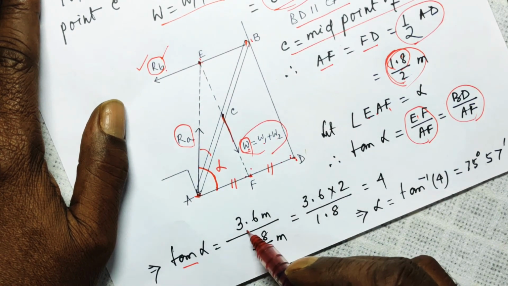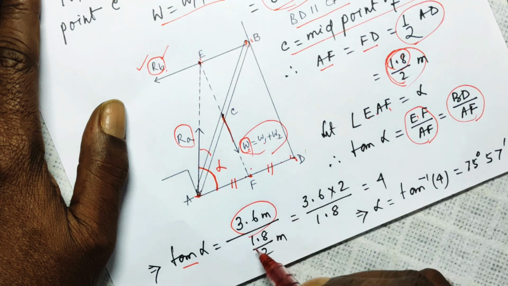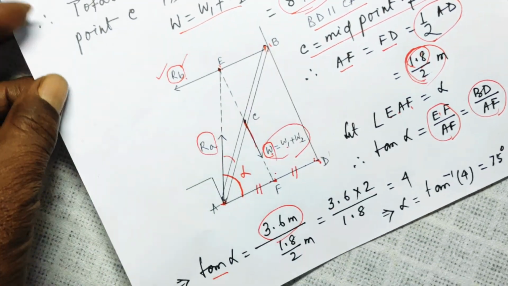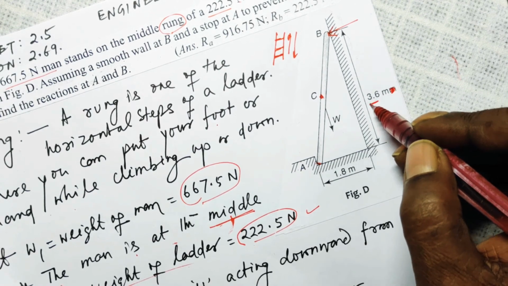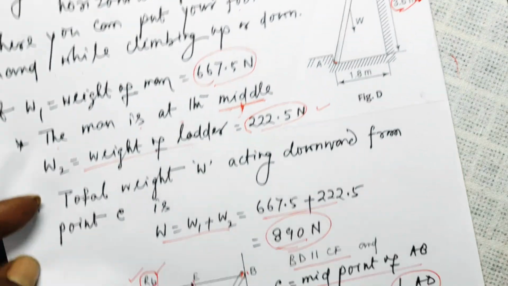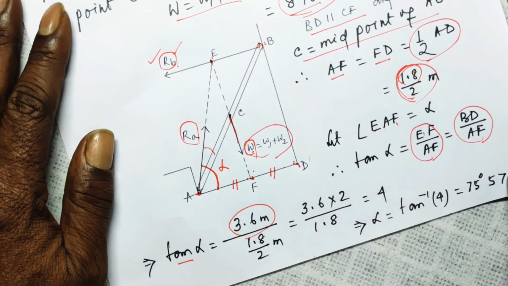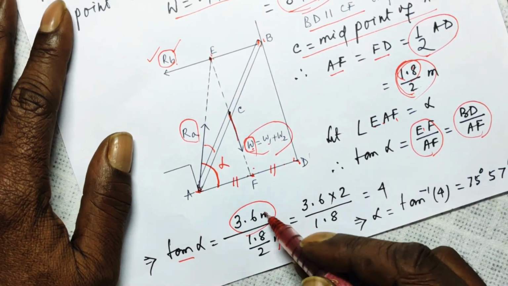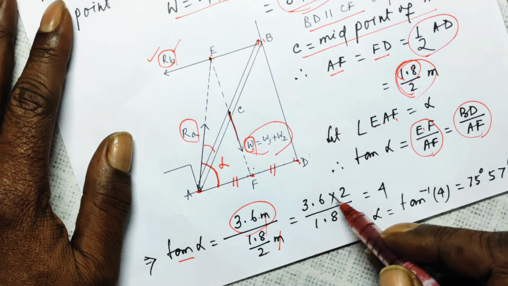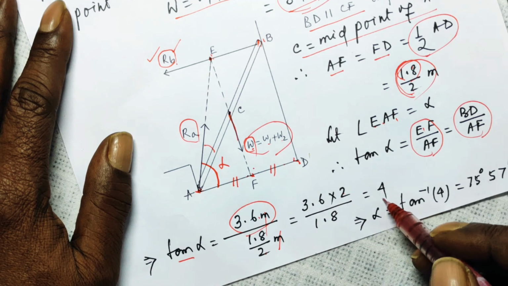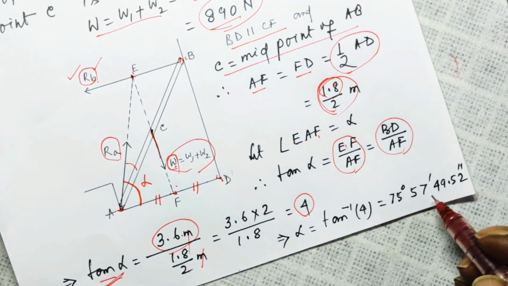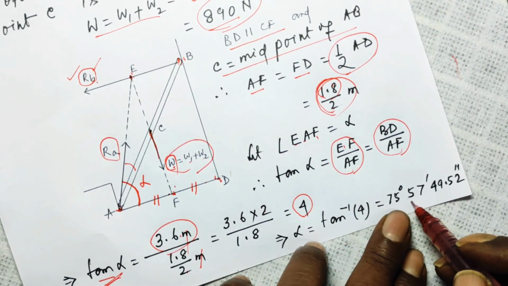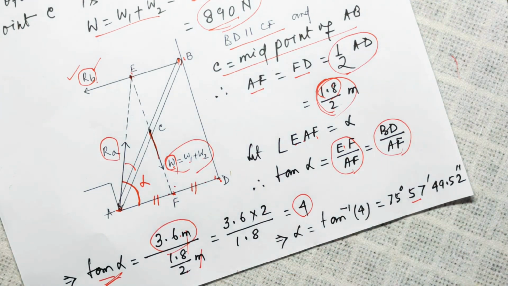Tan alpha, put the value of BD, 3.6 meter, over 1.8 by 2 meter. The 2 cancels, and 2 comes to the numerator. 3.6 into 2 over 1.8, it's 4. So alpha is equal to tan inverse of 4. That comes out to be 75 degree, 57 minutes, 49.52 seconds of arc in a scientific calculator.